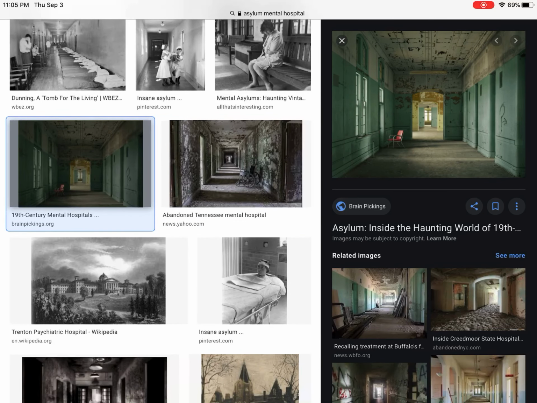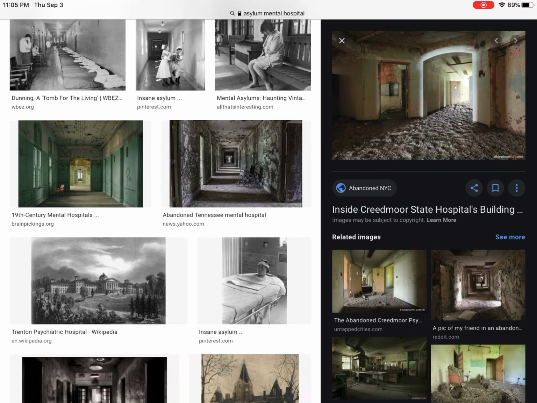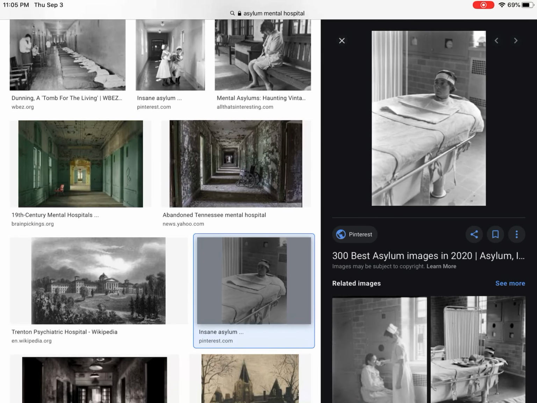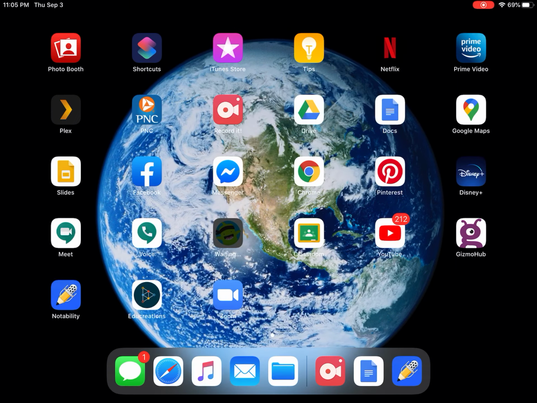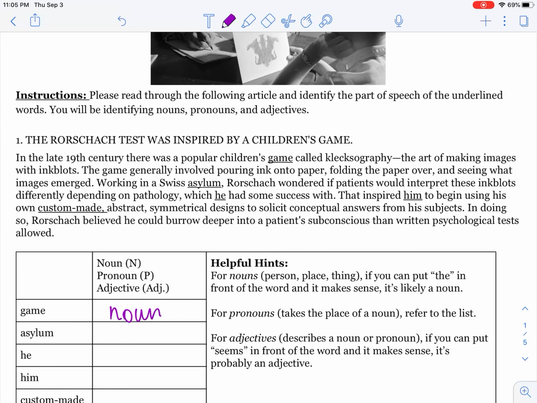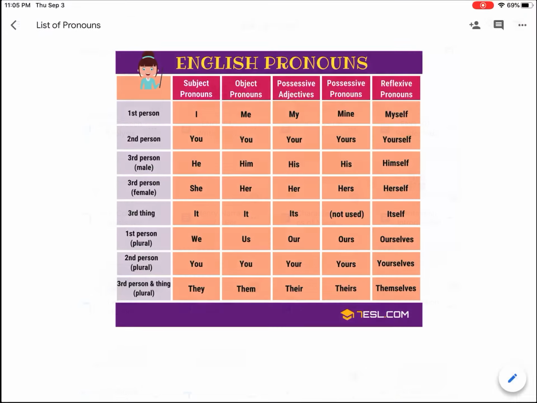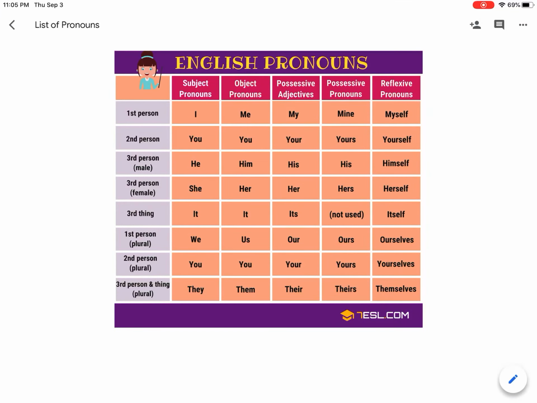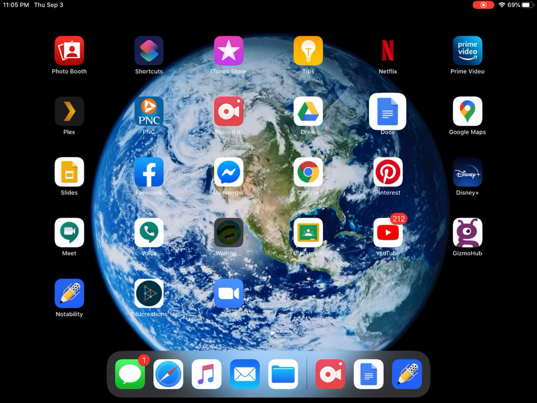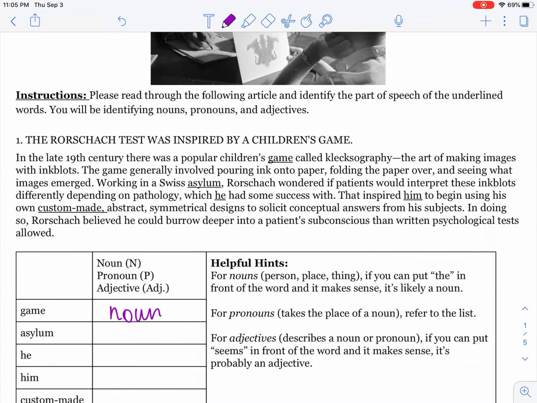But most of them had this kind of mint green walls. State mental hospitals. Anyway, that's what an asylum is.